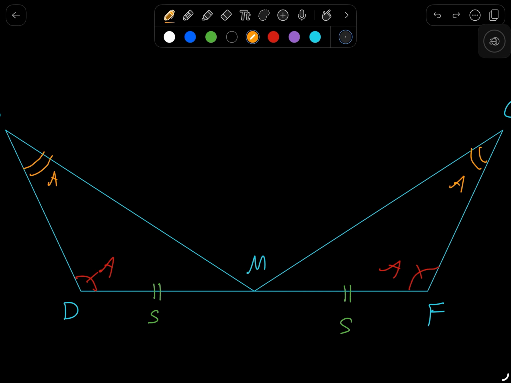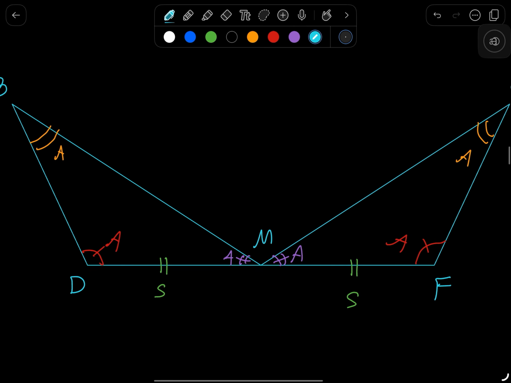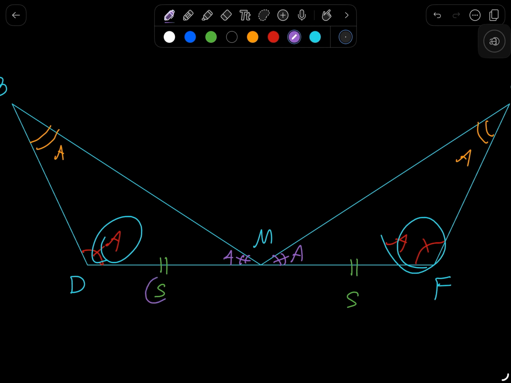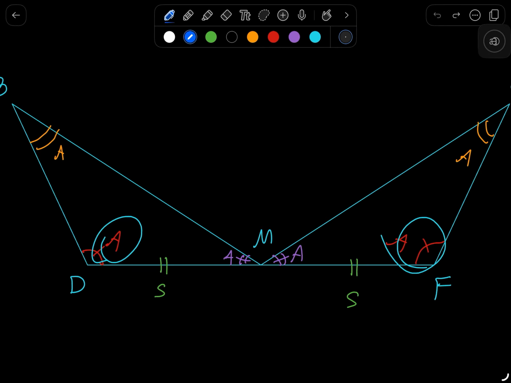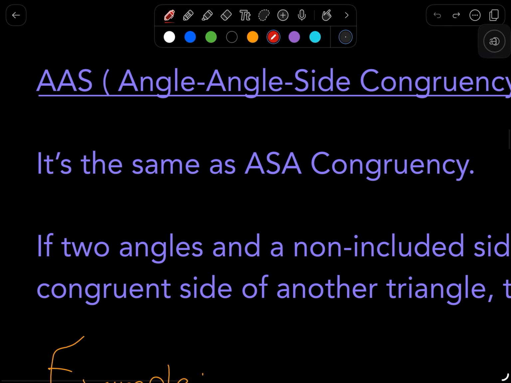So once again, we have proven that these angles here are also congruent. Now you'll realize this is just angle side angle, right? Because you have an angle, you have an included side, and then you have another angle. That's, of course, angle side angle. But to make it less tedious, people invented angle angle side, so you don't have to do all of that.